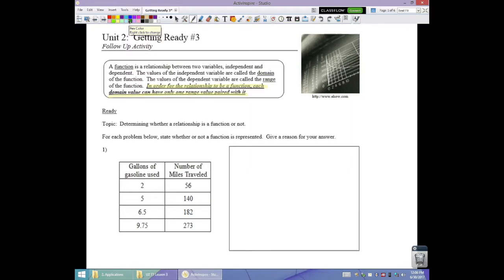So in number 1, we have a little table here with 4 points listed in it. Since each of these x values are different, there's no way that any one of them is paired with 2 different range values. So therefore, this is a function. And the way we justify that, or give the reason for it, is we just state the definition.